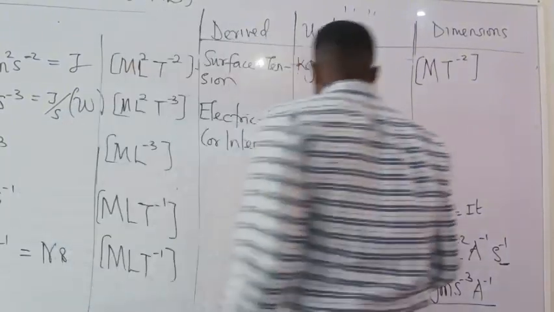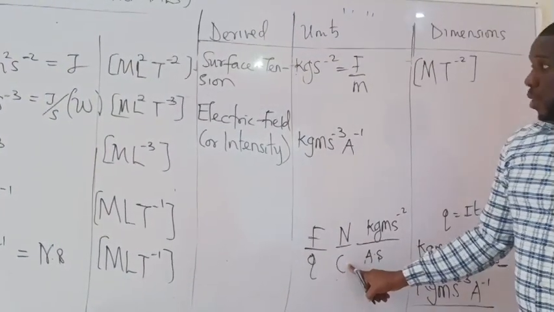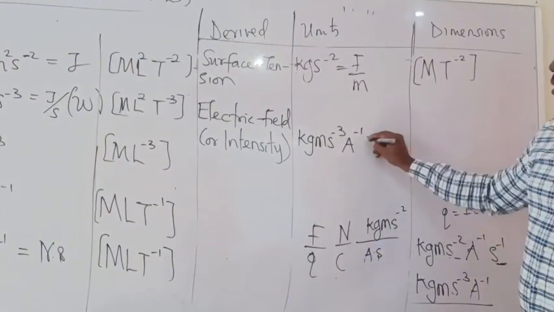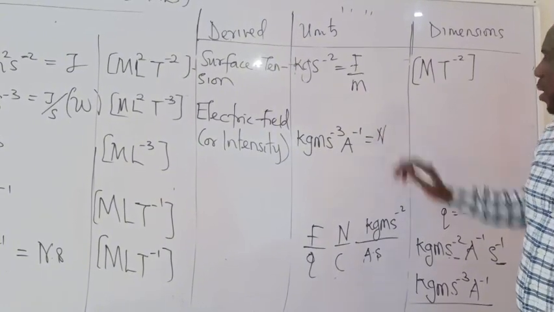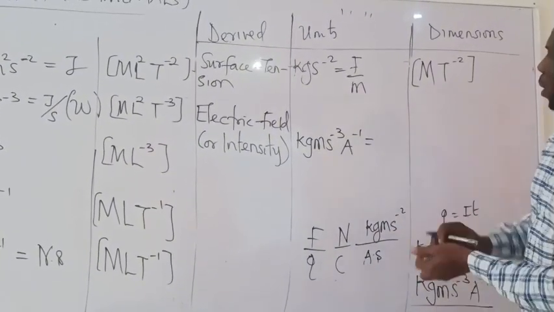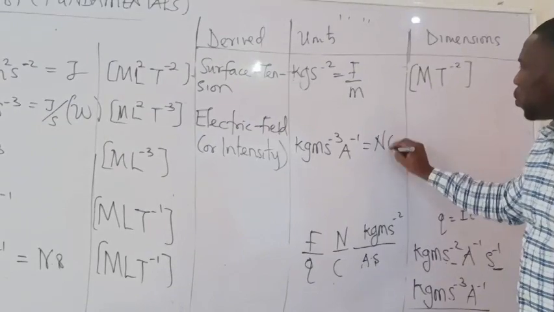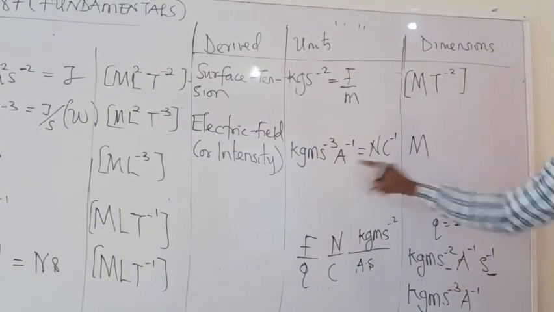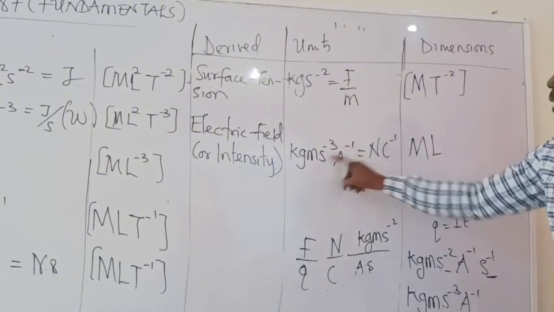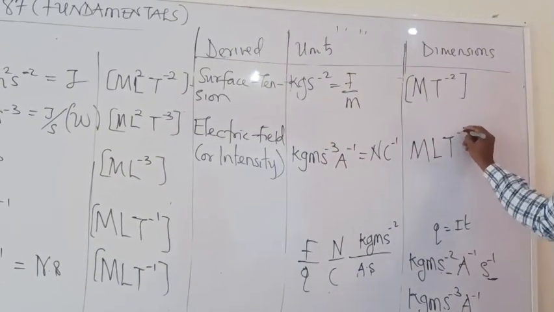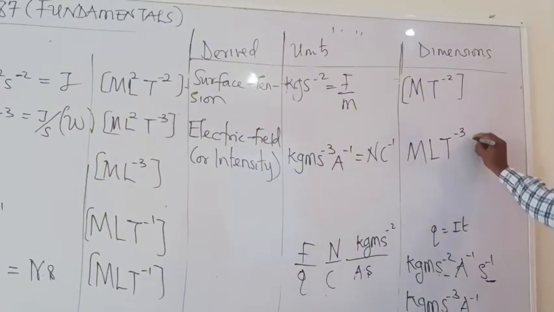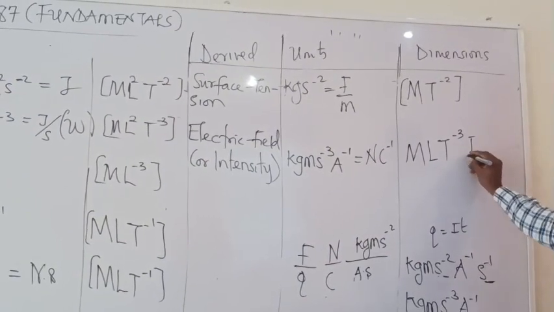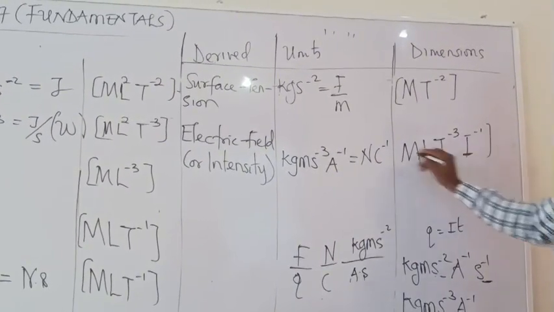If given in terms of its derived unit, it is the same as Newton per coulomb. Its dimension would be M for mass, L for length, T for time raised to power minus 3, then for current, that is I raised to power minus 1.